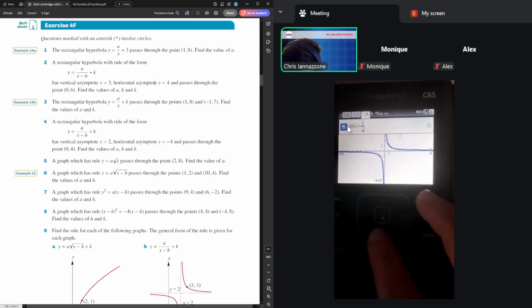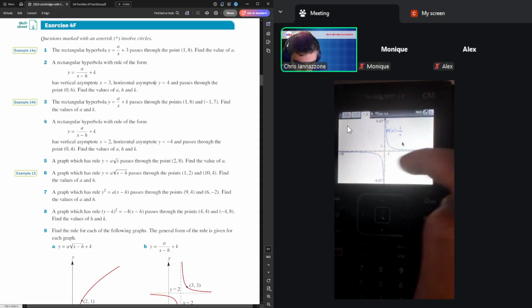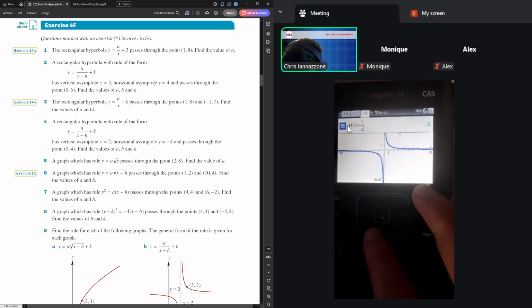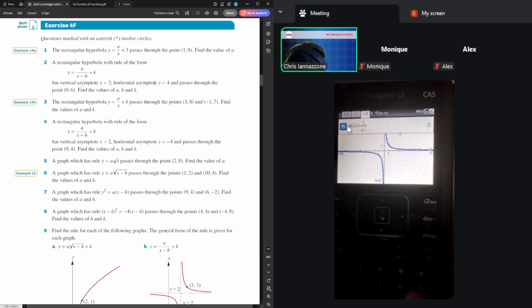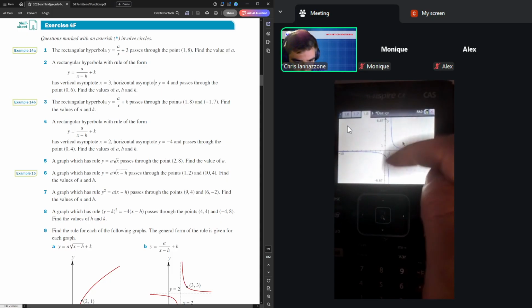Before anything is said and done, you have a vertical asymptote at the origin, and you also have a horizontal asymptote at the origin. So when you add a translation factor to it, shifting it right by 1, for instance, what you'll notice is the whole graph shifts right by 1, so too does the vertical asymptote.